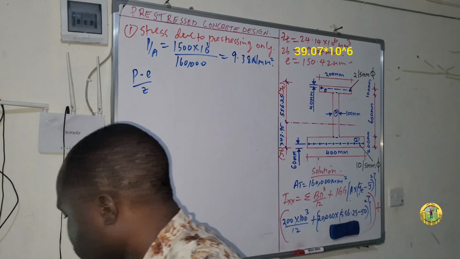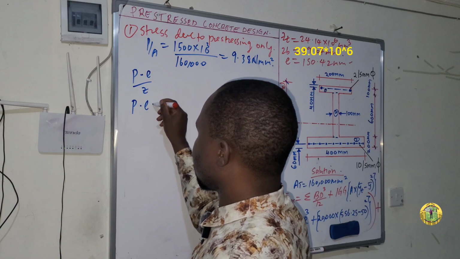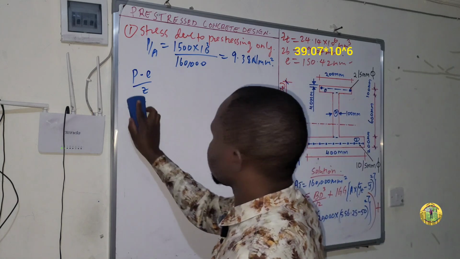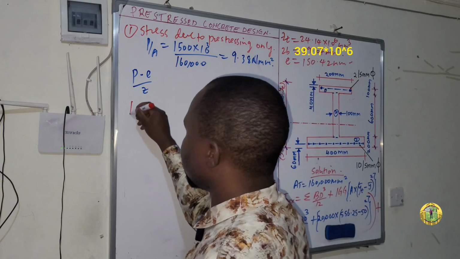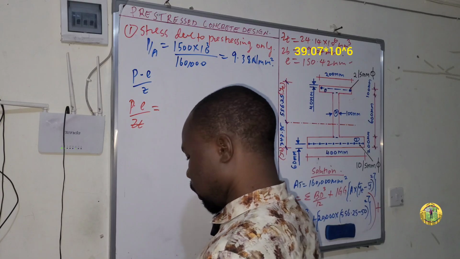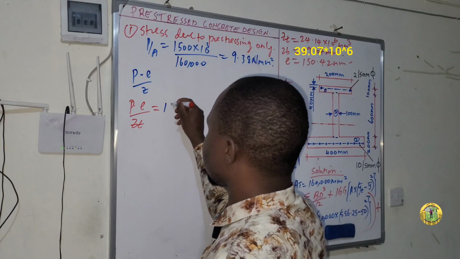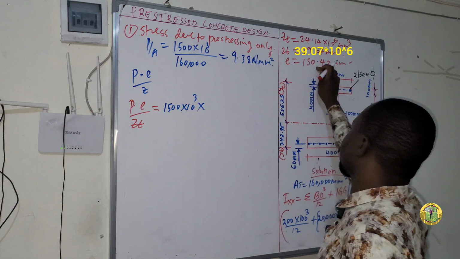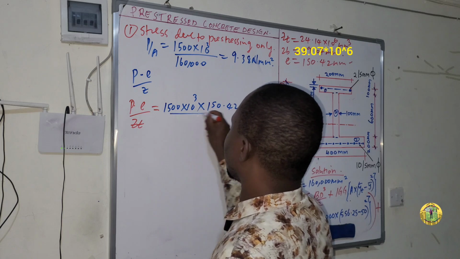So we begin by PE over Z top, which is equal to, our P is 1500 times 10 to power of 3, and our eccentricity is here 150.42 over Z top.